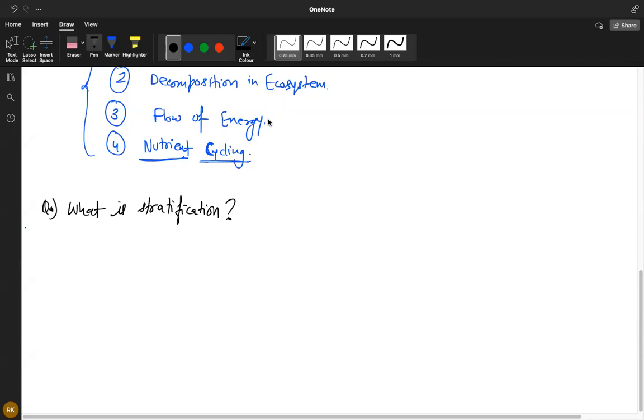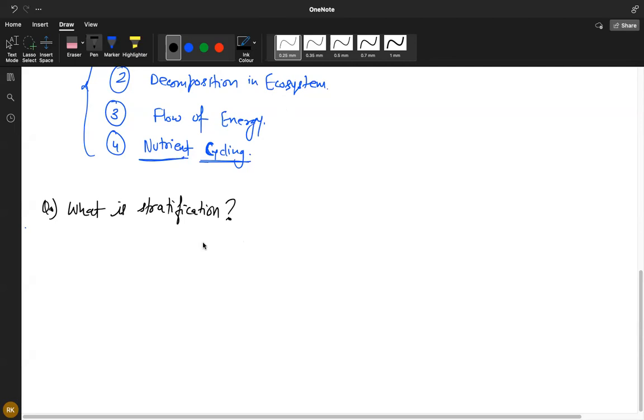Data. What data? I'm not sure. Maybe this term is also used in some kind of a data analysis thing, but I'm asking in terms of ecology, ecosystem. So it is about sorting, but not the data.